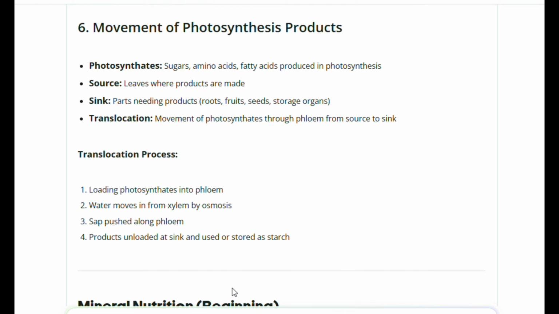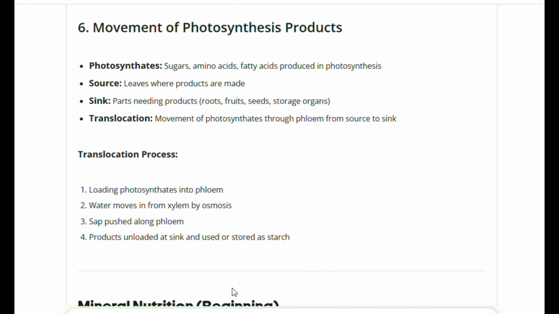So when we think of these photosynthates, we have sugars, amino acids, and fatty acids that are produced during the process of photosynthesis, or at the end of photosynthesis.